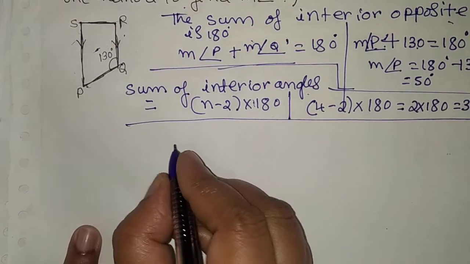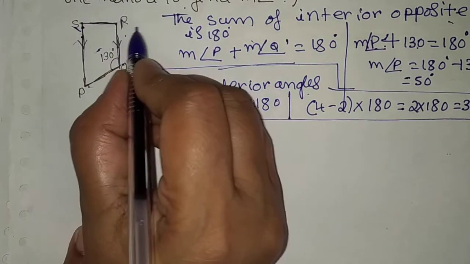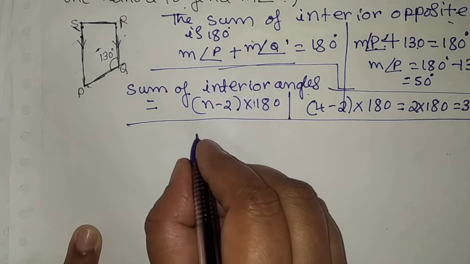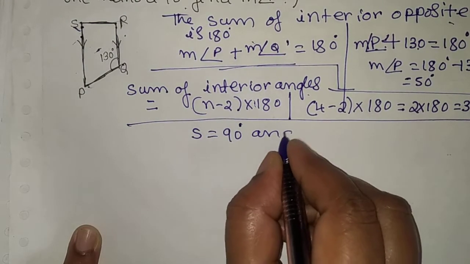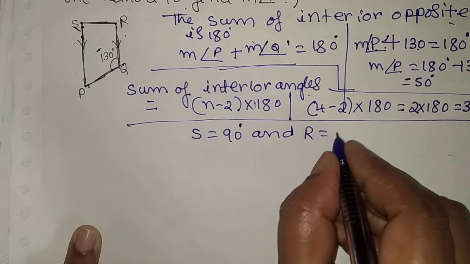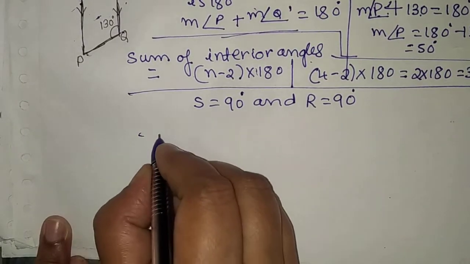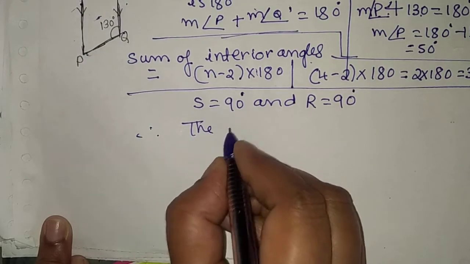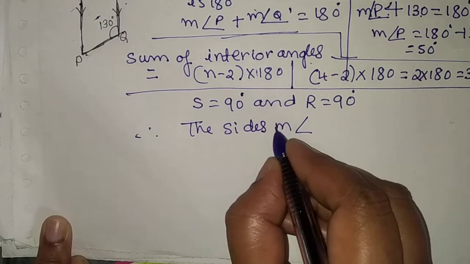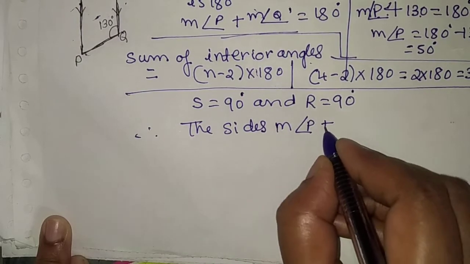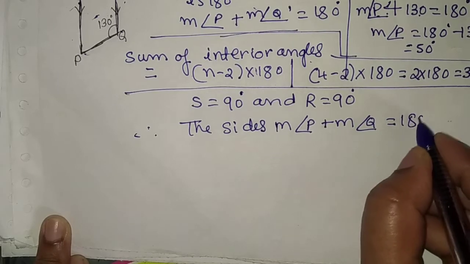Since S is a right angle and R is a right angle, we have S equal to 90 degrees and R equal to 90 degrees. Therefore angle P plus angle Q is equal to 180.